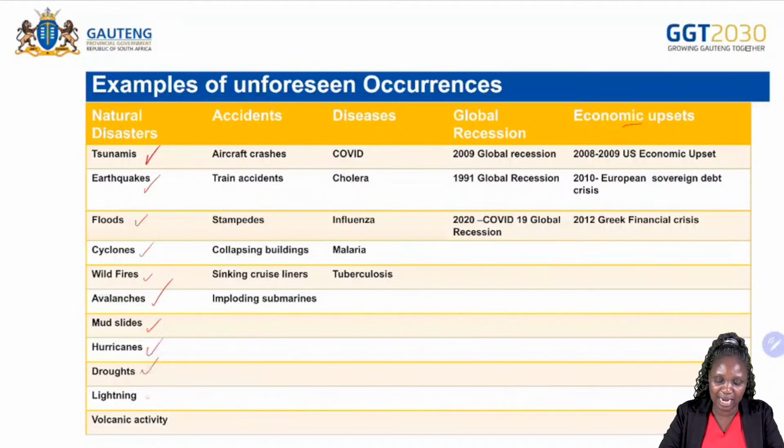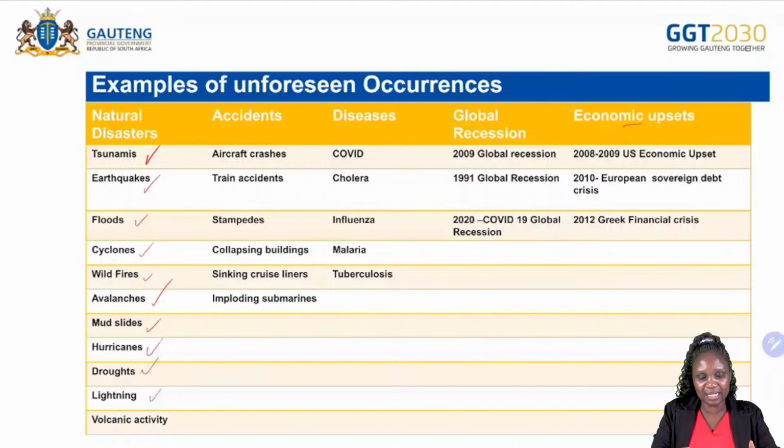And then lightning. Lightning is an example of a natural disaster because if it strikes an area, the area burns. Okay. And then we've got volcanic activity. Remember what is happening now in Iceland. All right.